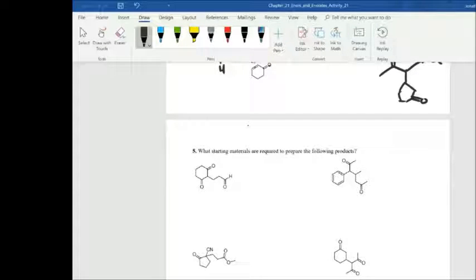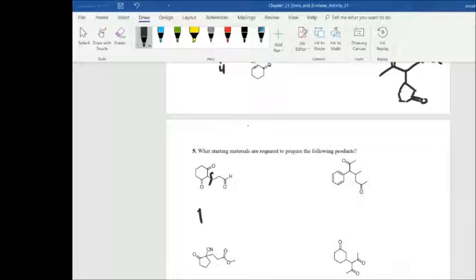What starting materials are required to prepare the following products? Now this just goes back to the squiggly line you can do, and it basically makes life very, very easy. All you need to do is cut the compound at this specific point right here.